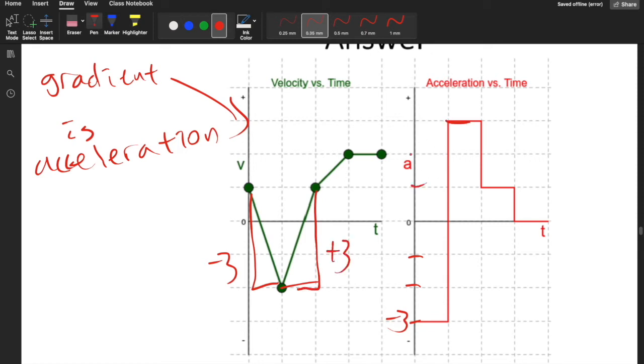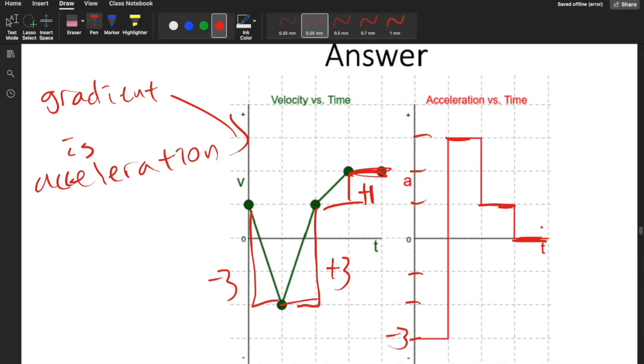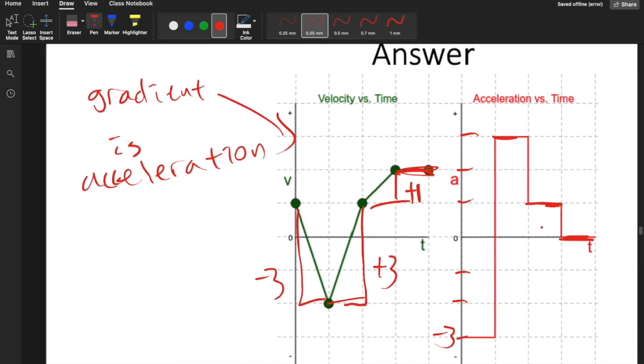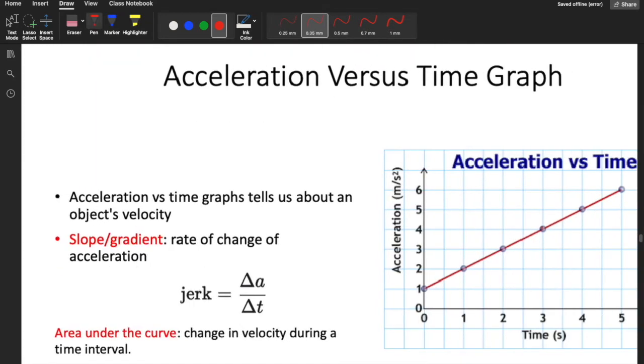So 3, 1, 2, 3, and then here will be -1, +1 actually, 1, and then the horizontal line means acceleration of 0. So you need to be able to know what gradient mean for all motion diagram, because they're all extremely important, right?